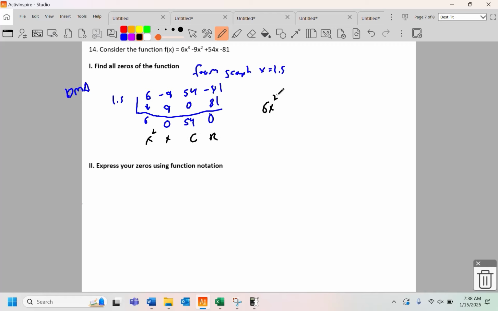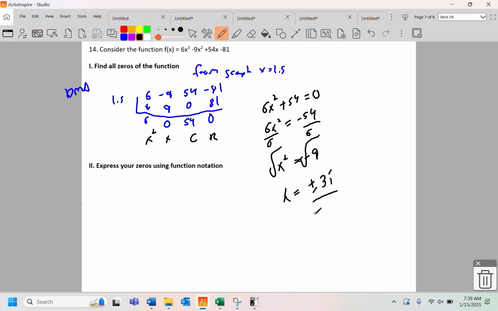This is my remainder, my constant, my x squared. I am left with 6x squared plus 54 equal to 0, because there are 2 more zeros. I am going to subtract 54, and then divide by 6. And 54 over 6 is 9, so x squared is -9. I'm going to counteract a square with a square root, and the square root of -9 is plus or minus 3i. 1 plus 2 is 3.